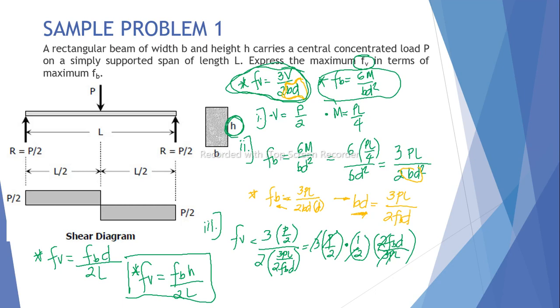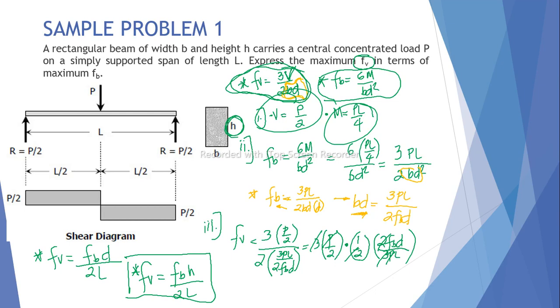We drew the beam, then the shear diagram and also the moment diagram. The maximum shear is P over 2 and the maximum moment is PL over 4. V and M are the unknowns. From the bending stress, the moment was substituted with PL over 4. Then the relationship of shear to BD is the area, which is the base times the height.